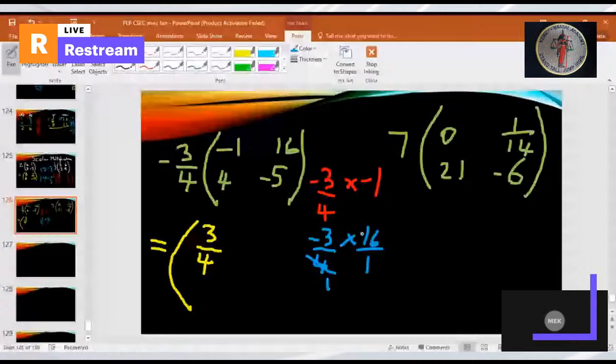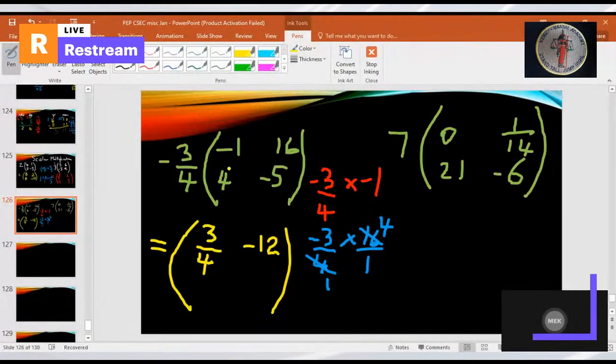So we have negative 3 times 4 is 12. -3/4 times 16 is negative 12. No fraction, just negative 12. So the 4 cancels the 16 and we'd have 1, so all we'll be left with is the negative 3 times 4, which is negative 12.